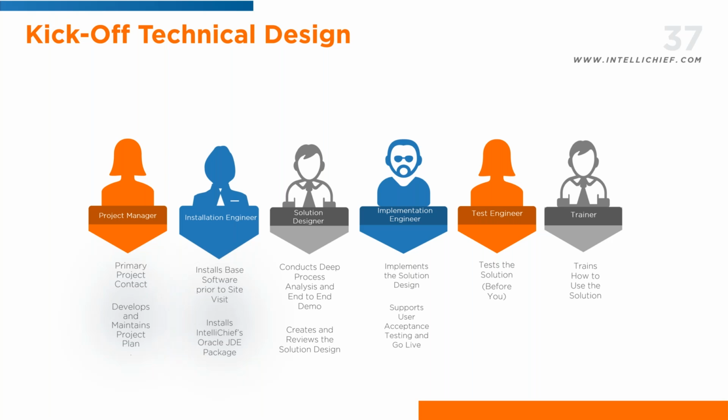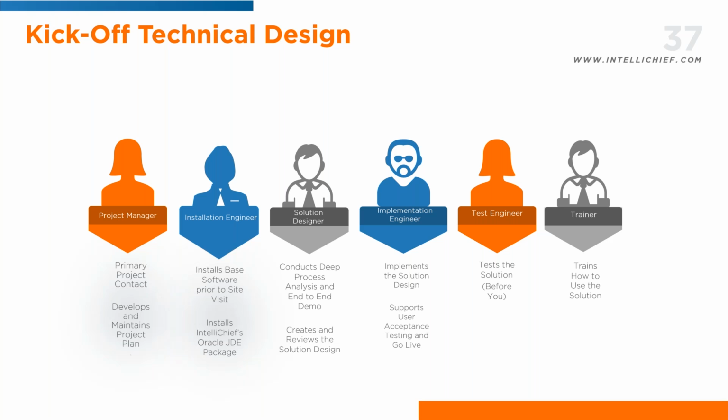So we assign a team, if you will, to an implementation project: a PM, somebody who does the installation, a solution designer who goes through and says, okay, let's translate the business requirements that we've collected into what it can do in the tool.